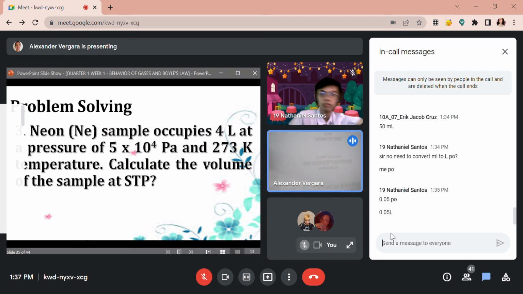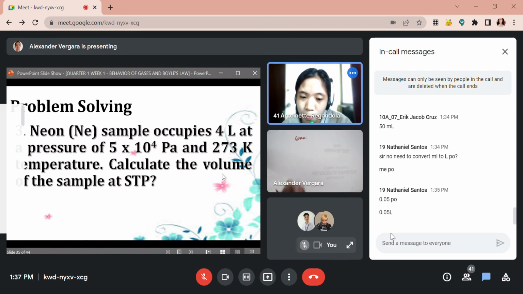What are the given in the problem here in number 3? Anyone who could give me the given? Yes, Antoinette. 4 liters. What is that 4 liters? The V sub 1.